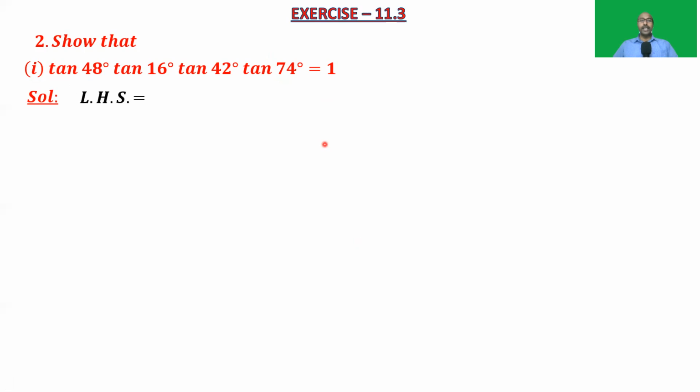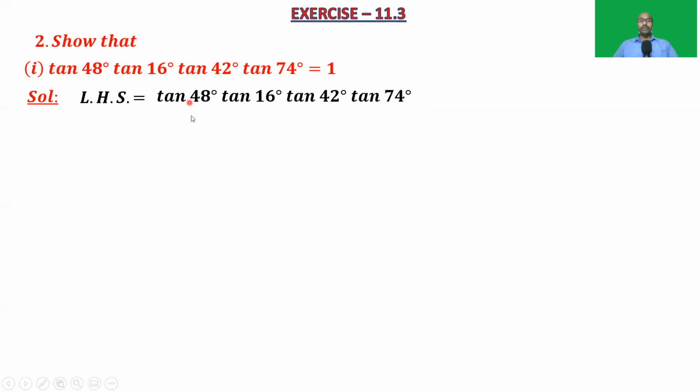The LHS is tan 48 into tan 16 into tan 42 into tan 74. We don't know the values of these trigonometric ratios for these specific angles. But we can observe here that 48 and 42 are complementary. 16 and 74 are complementary because their sum is 90 degrees.